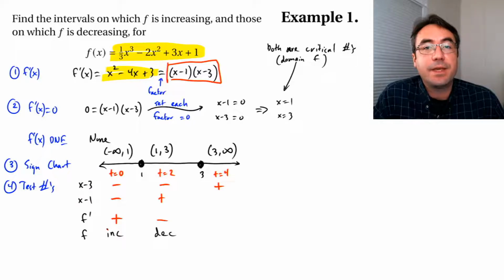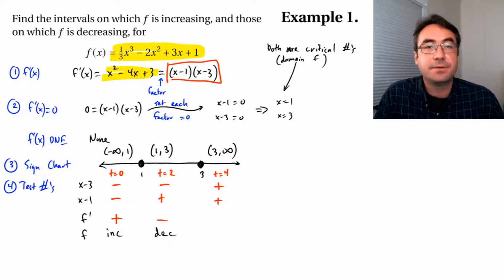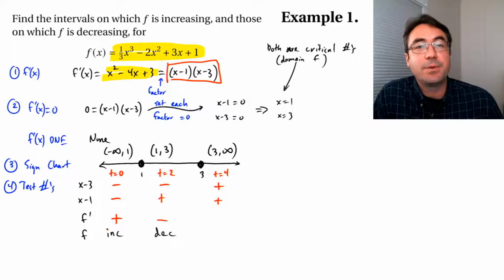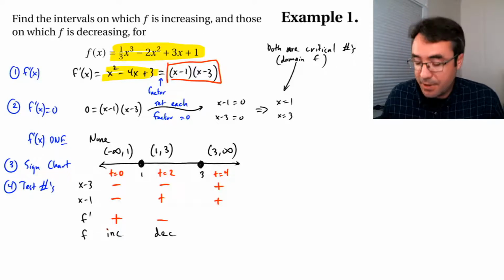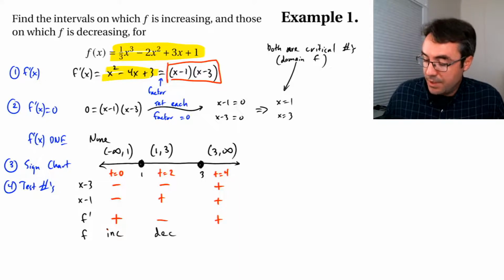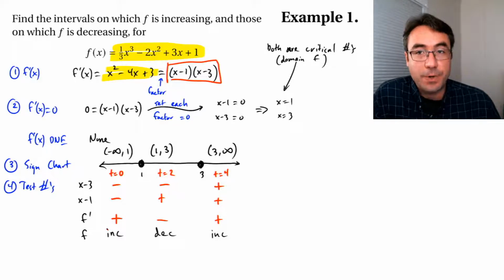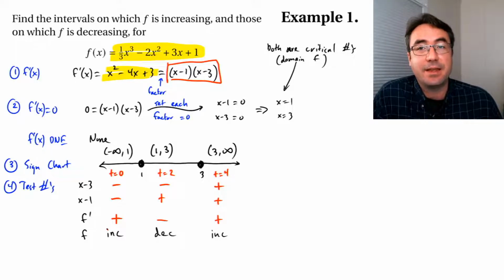Then for the x minus 1, we get 4 minus 1, which is positive 3. We only really care about the sign, so it's positive. And when we have a positive number times a positive number, the result is positive. So if f prime is positive, then our original function is increasing on that interval.